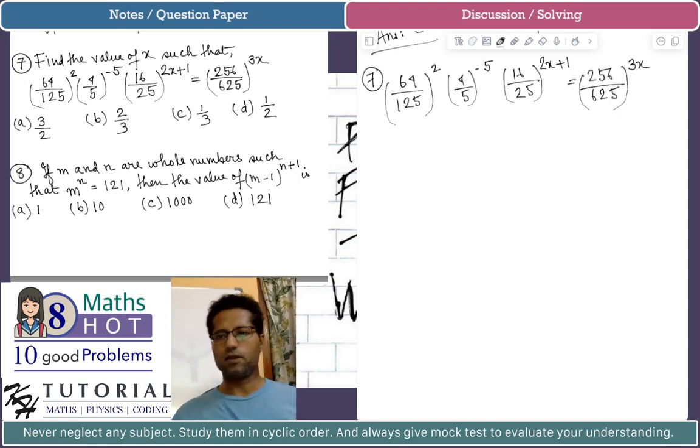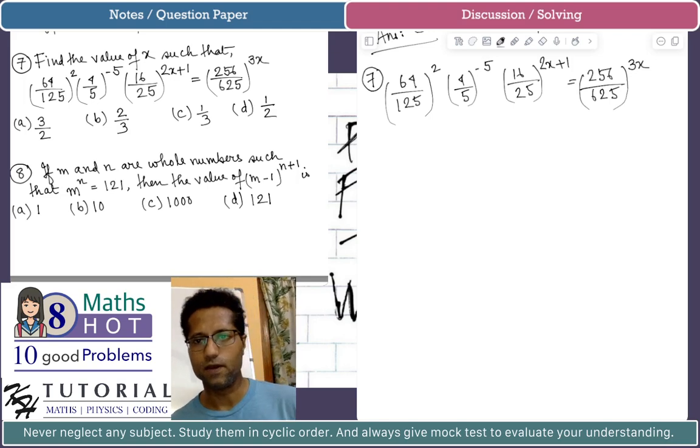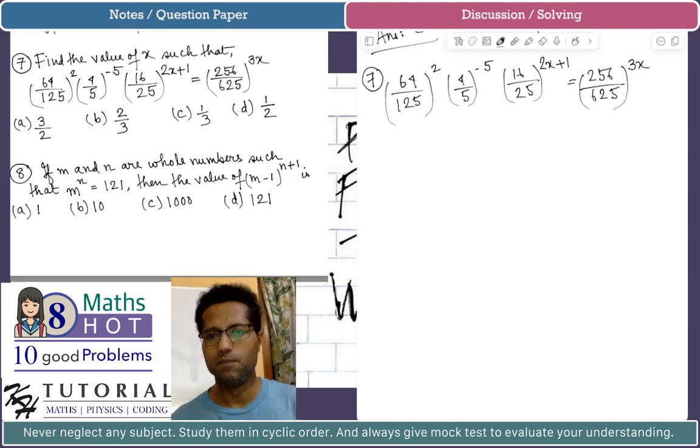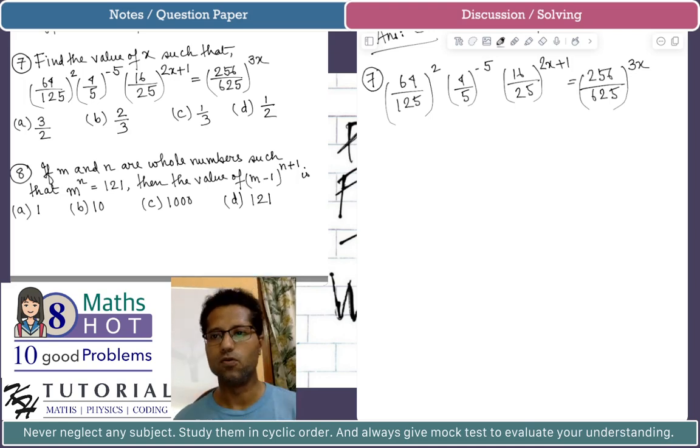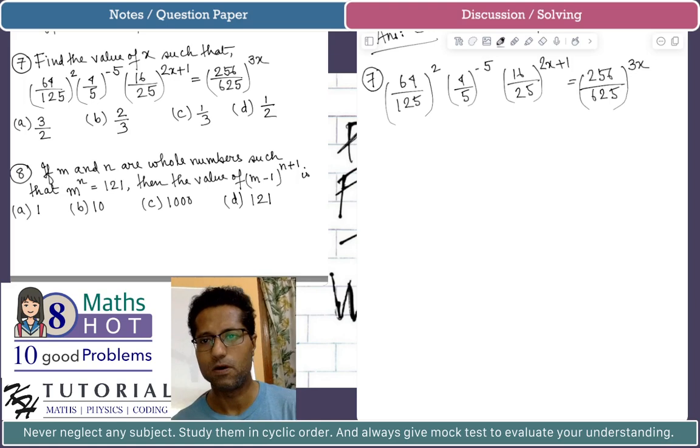And all other numbers, we see 64, 125, 25. All the multiples of 5 can be easily expressed as powers of 5. We see 125, 25 and 625. Similarly, we have 64, 4, 16 and 256. All these numbers can be expressed as powers of 4. So we will convert everything on the left hand side and the right hand side to powers of 4 and 5, and hopefully we can make the base 4 by 5 on both sides.